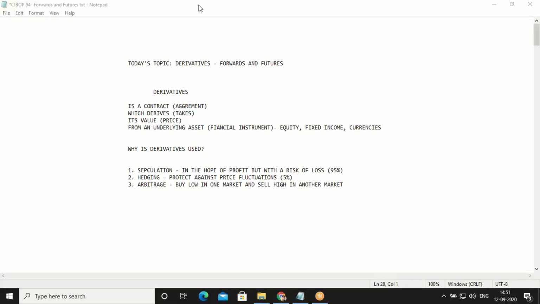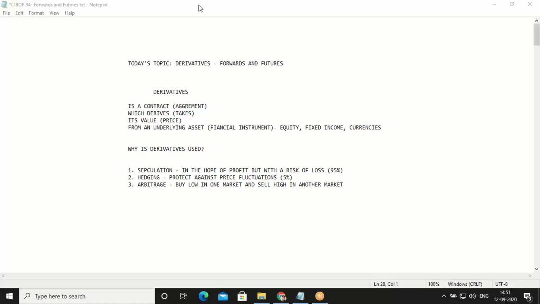Are you worried about the price going up or the price going down? Price going down. Yeah, exactly right. Now, this is the interesting thing with derivatives: you can enter into a derivative contract that will protect you from the price going down. So this is what we mean by hedging.